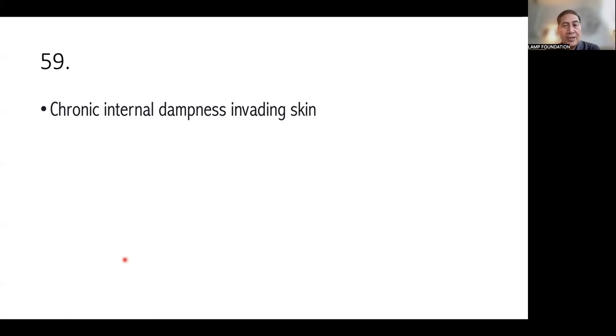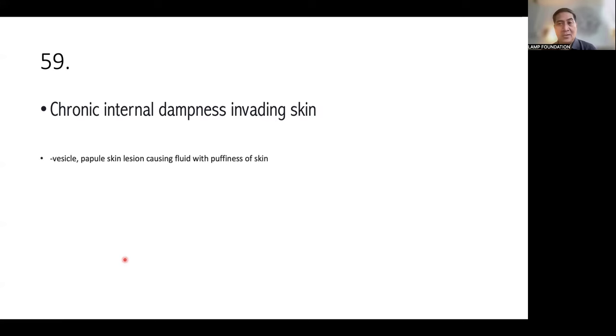So what about chronic internal dampness invading the skin? Vesicle, papule, skin lesion, causing fluid with puffiness of skin. So may makikita ka na sa skin na vesicle, no? What is a vesicle?